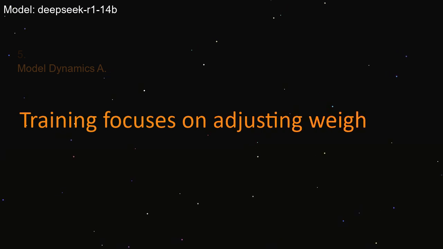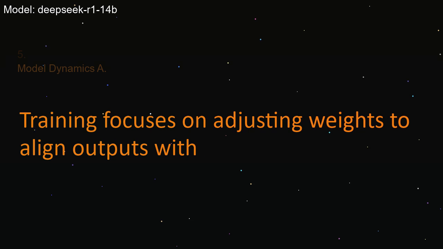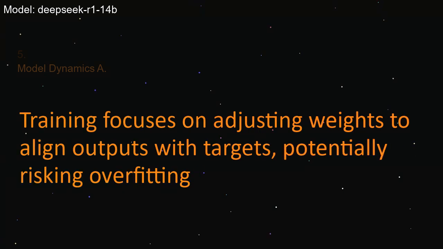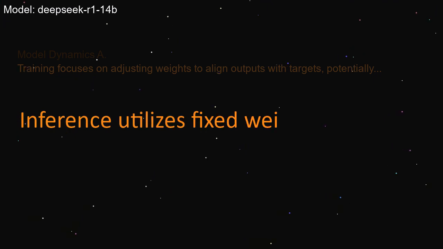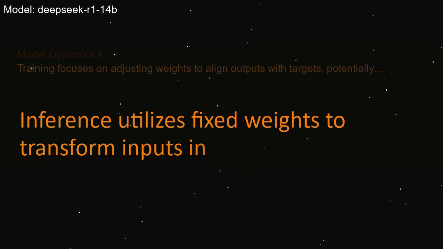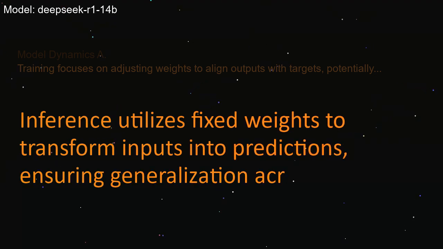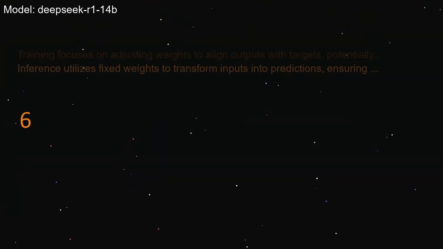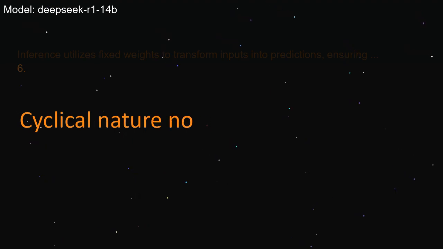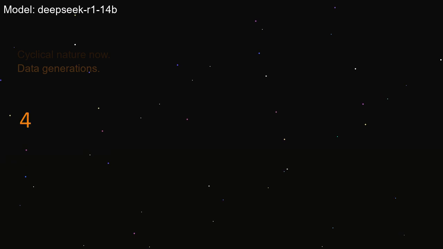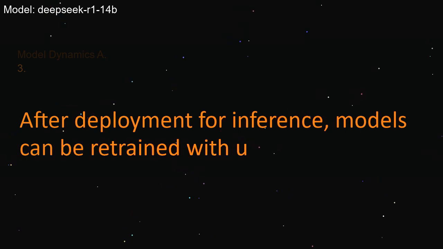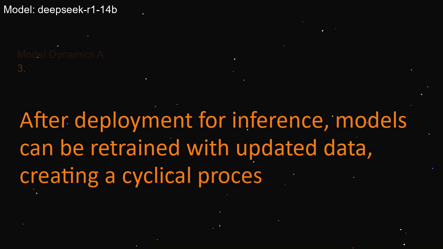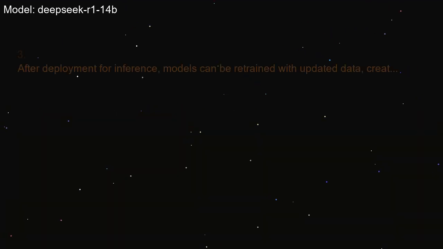Training focuses on adjusting weights to align outputs with targets, potentially risking overfitting if not managed properly. Inference utilizes fixed weights to transform inputs into predictions, ensuring generalization across new data. 6. Cyclical nature. After deployment for inference, models can be retrained with updated data, creating a cyclical process of learning and application.